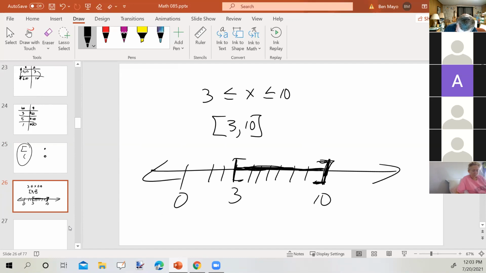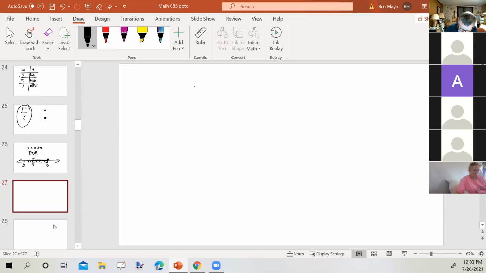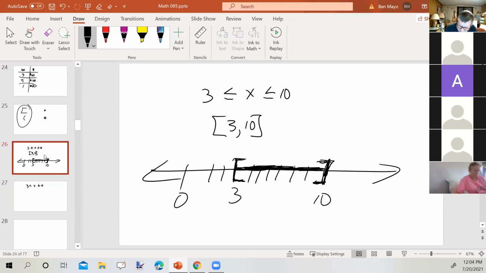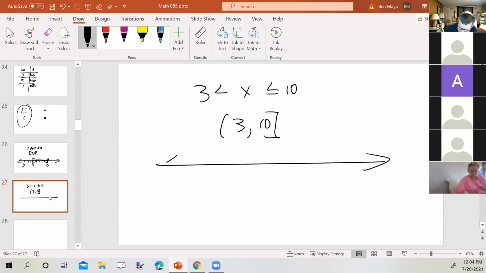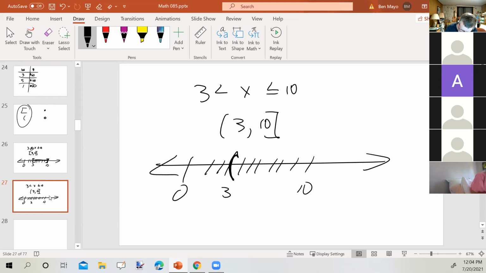So I'm going to have a bracket at 10 and a bracket at 3 with it filled in between. Okay, does that make sense? Yes. Now, what if we did this instead? Okay, so I changed that. I got rid of that one. Now it would look like that, and it would be parentheses at 3 and a bracket at 10.